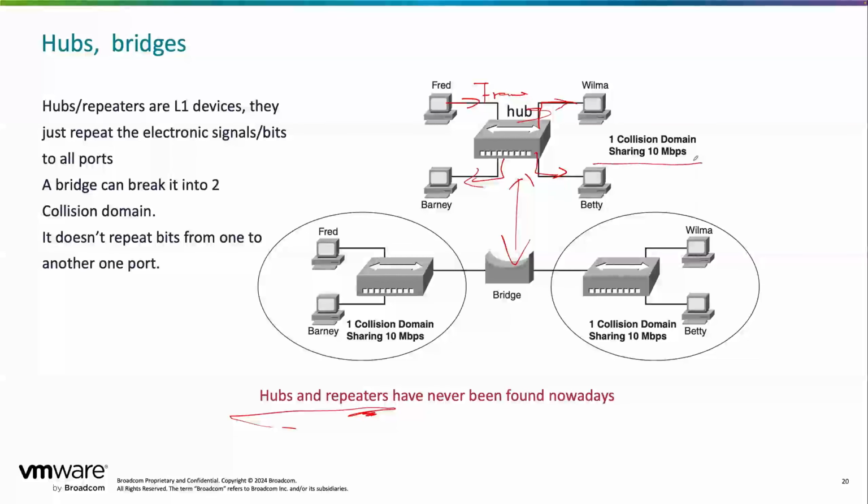We call this a collision domain, because when one of them talks, it leads to a 100% collision. They also share the bandwidth, because the hub and repeater use 10BASE-T or 10BASE-2, which were Ethernet technologies 30 years ago. That's what the collision domain is all about.